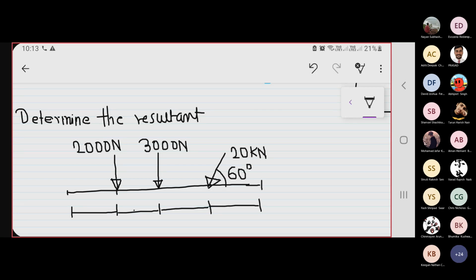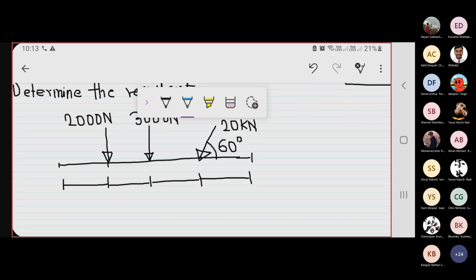Determine the resultant as shown in the figure. So some force system is given. You can draw the diagram with me. 1.5, 1.5, 3, 2. These are the distances.